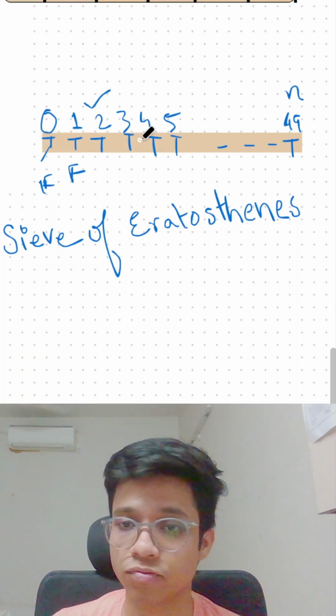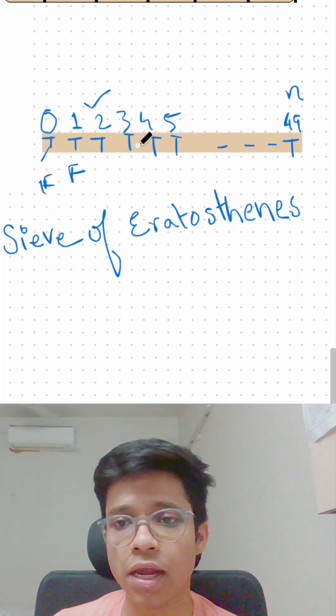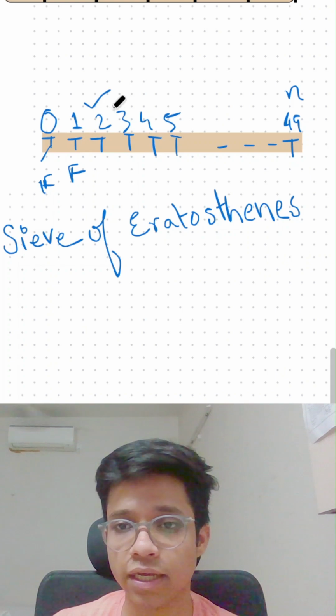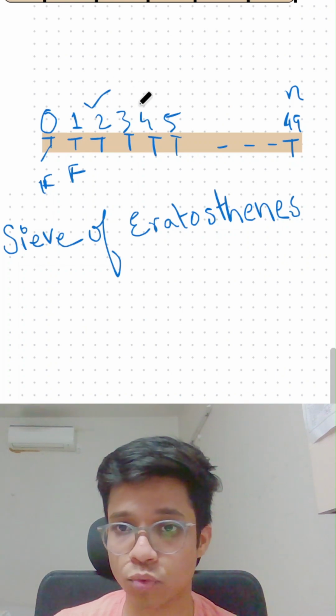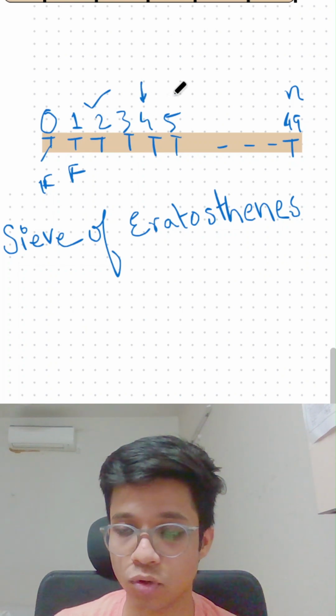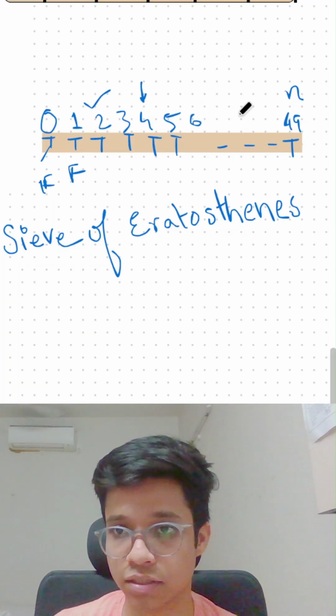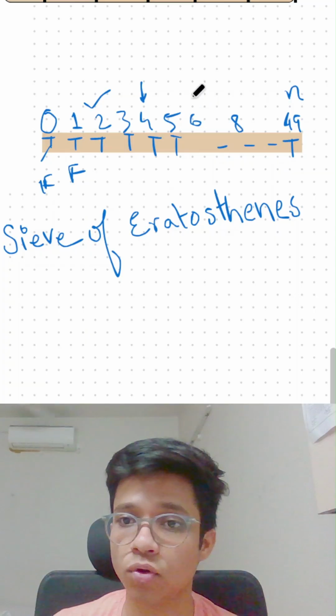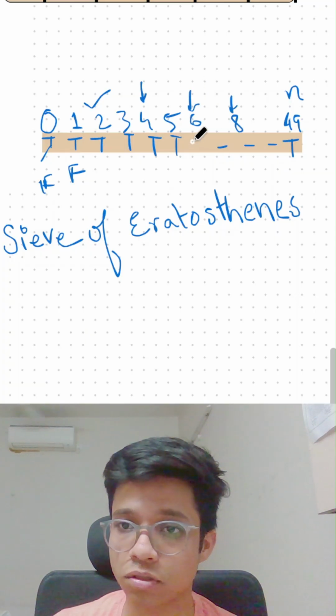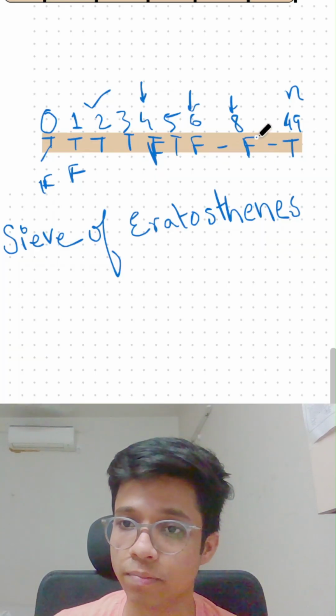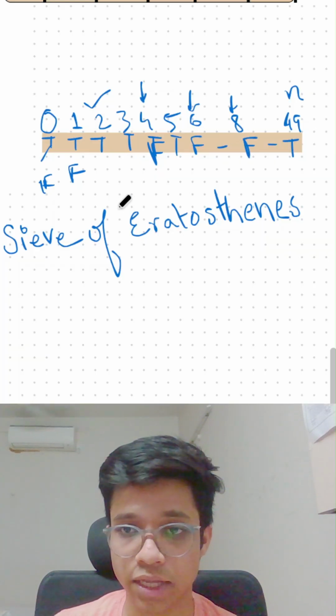And then we'll start from 2. Now, we will take this 2, we will square it and start at 4. And in intervals of 2, that is 6, 8, and so on, we're going to mark them false. Why? Because they're divisible by 2, so 2 is a factor for them.